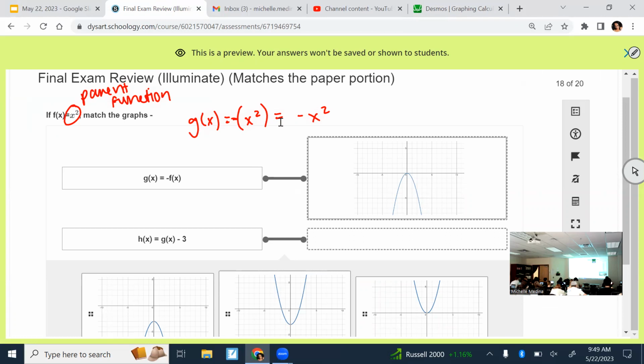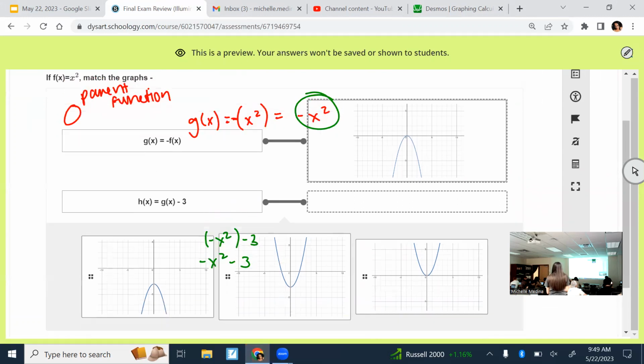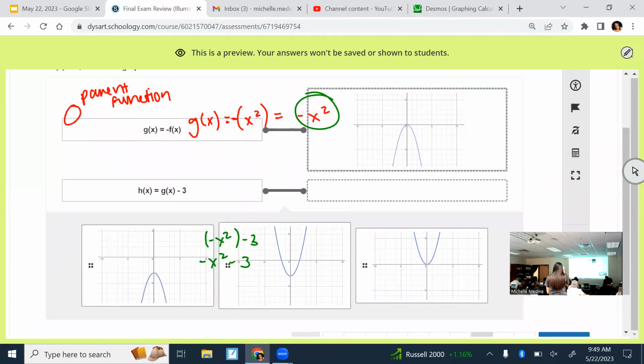So then over here, h of x is what g of x is, which we said that g of x is this, minus 3. So take what g of x equals, plug it in, and then we're minusing 3 from it, which really just becomes this. So you could graph that even, but based on my options that are left, does it open upward or downward?